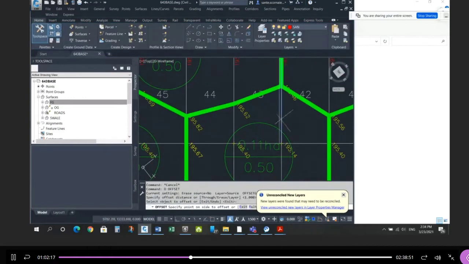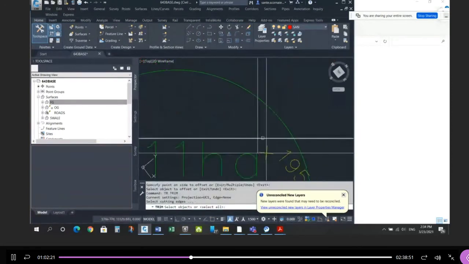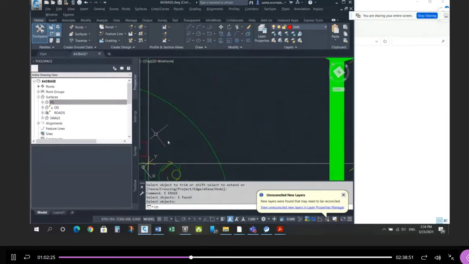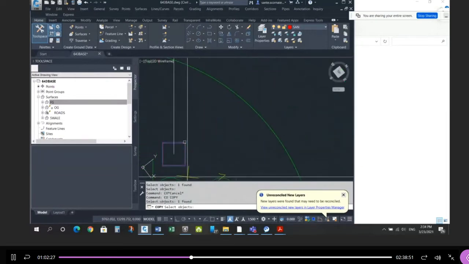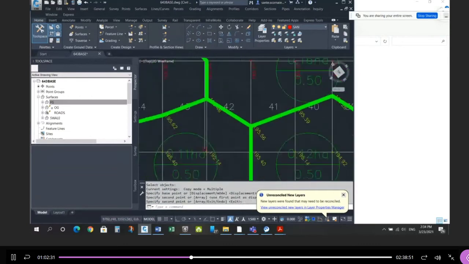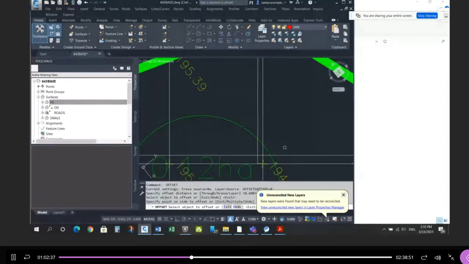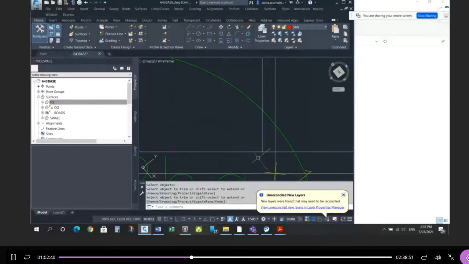Offset 0.6, 1 meter, trim it. There's the center of the structure, make a copy of the structure, end point, and then the same thing here. Offset 0.6, 1 meter, trim it.